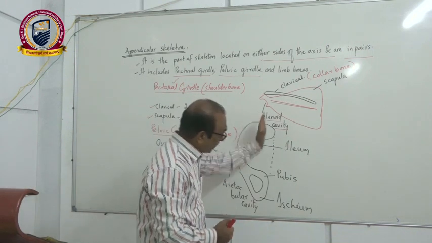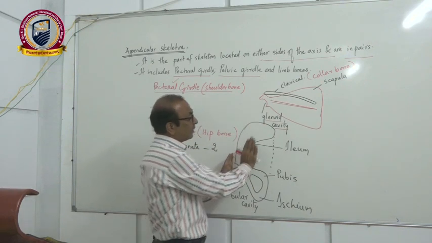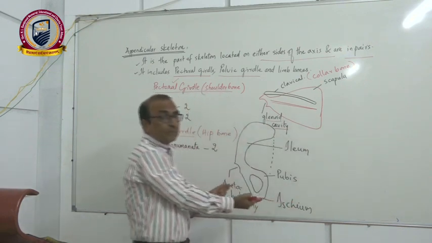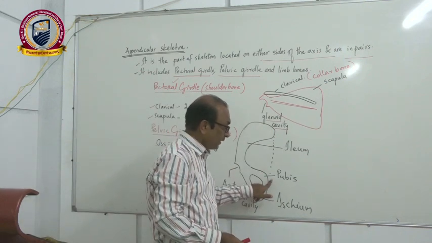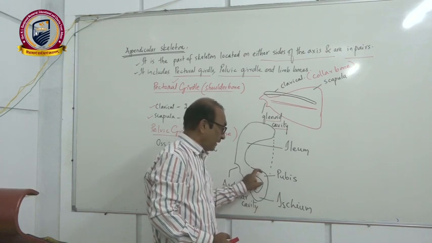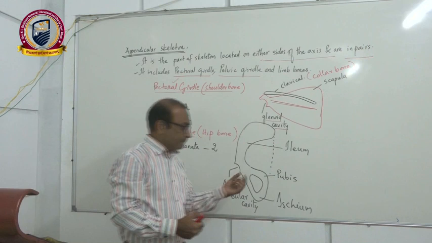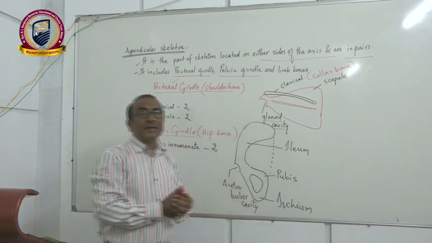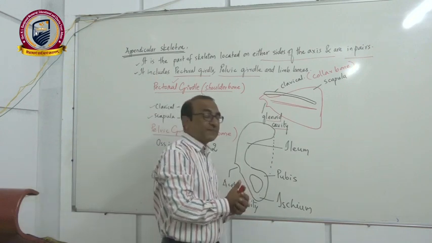So this is one half, that means one bone, and exactly the same mirror image will be on the other side. Okay, so these 2 bones are joined in the center, in front, where there is a pubic part of this os innominatum, by a connective tissue in between, that is forming the pubic symphysis.